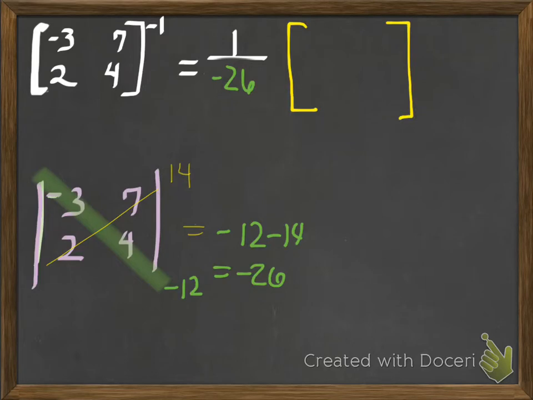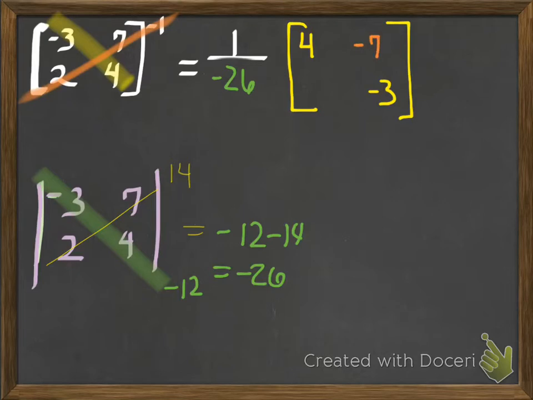And what's going to happen is these two switch locations. So what I highlighted in yellow are just going to switch locations. The 4 is going to go here, and then negative 3 is going to go here. What I've highlighted in orange is going to change signs.